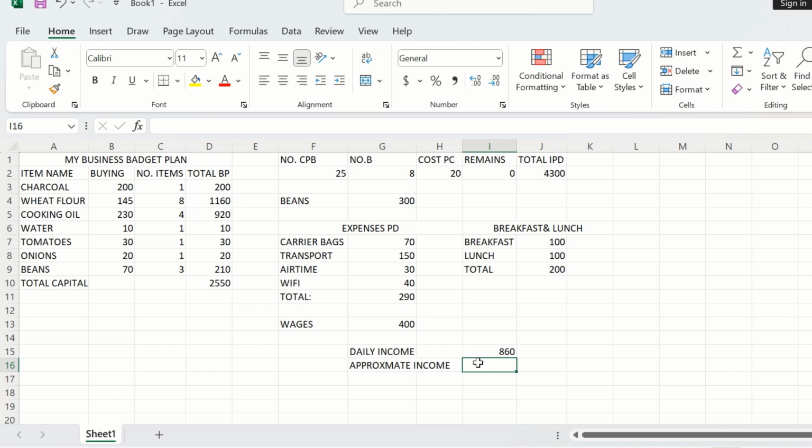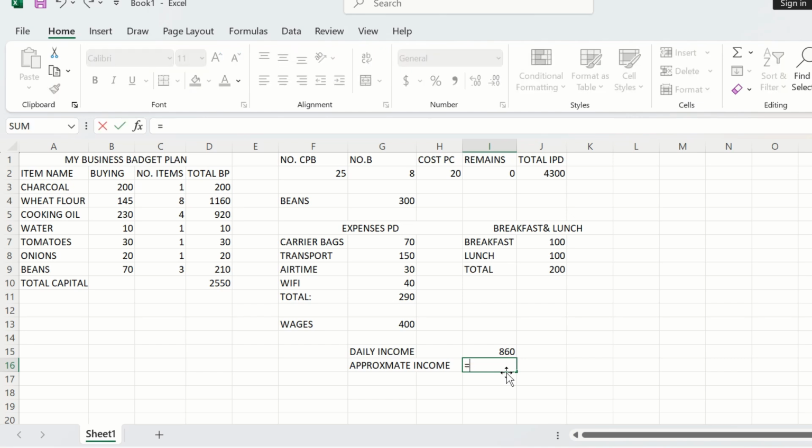Now, for instance, you want to calculate the approximate income that you'll be earning in the month of November, let's say. So the month of November has how many days? 30 days. Then on the daily basis, if you are not increasing or decreasing your expenses, you'll be earning 860 on the daily basis, isn't it?